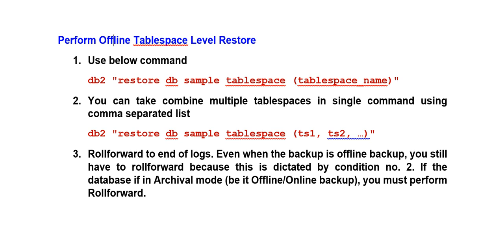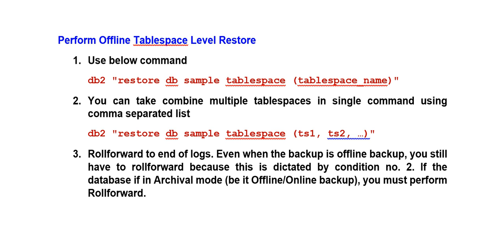You cannot specify without rolling forward. We'll see this in exercises, and again the point is, irrespective of whether it is an offline tablespace backup or an online tablespace backup, to take a tablespace level backup, your database must be in archival mode.